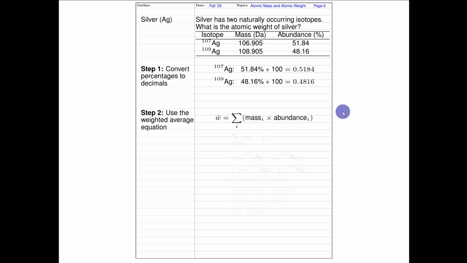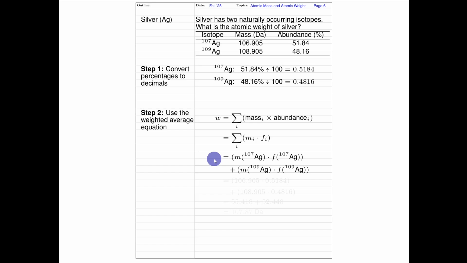Now we can use the weighted average equation to find the atomic mass. Remember, the equation says that for each isotope, we multiply the mass of the isotope by the fractional abundance of the isotope. I can simplify this in notation terms by designating mass M and fractional abundance F. Now I can start adding the information that I need.